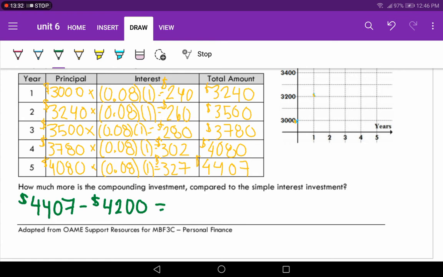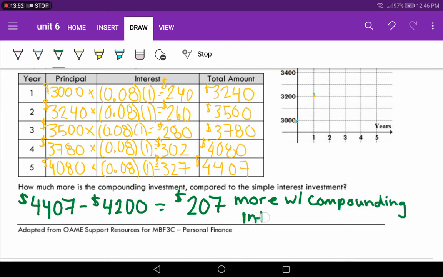4407 minus 4200 means that you made $207 extra with the compounding interest. So more with compounding interest.